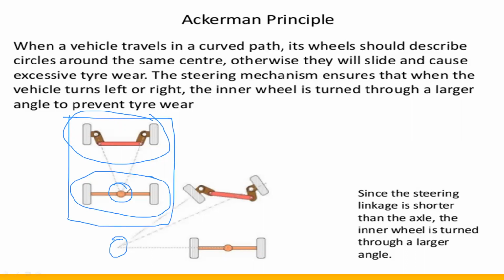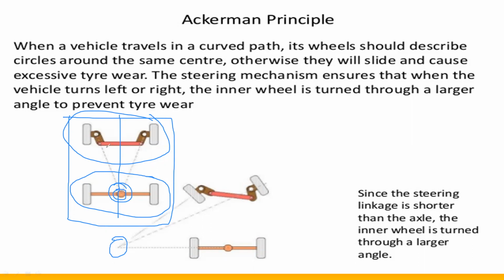The differential should be placed at the center of the rear axle. It is the center axis of the front and rear axle, so the differential should be placed at this center position of the two axles.